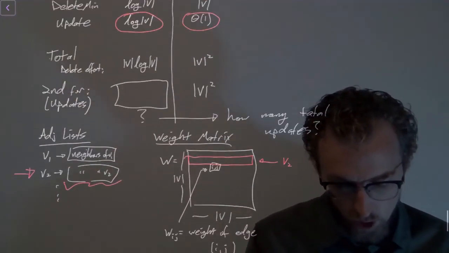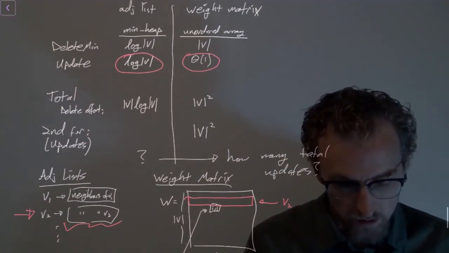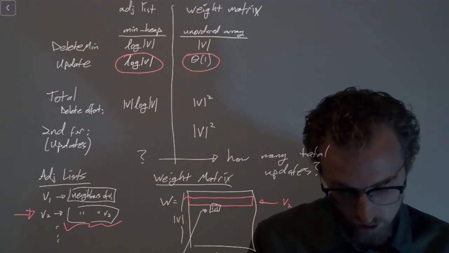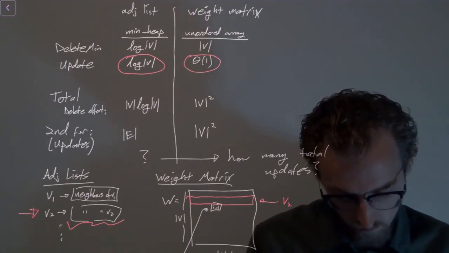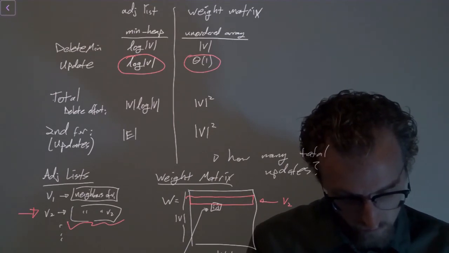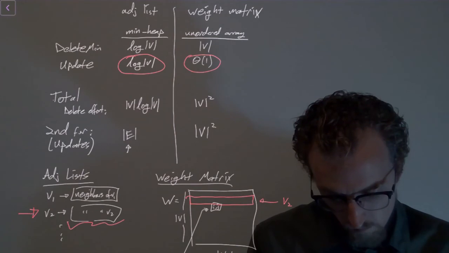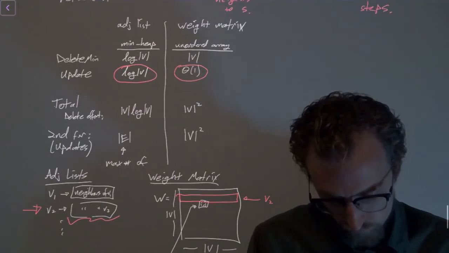So the total number of updates, if we're using adjacency lists, is E. So here's the total number of updates. I'll write, this is the max number of updates. We never have to update more than once per edge.